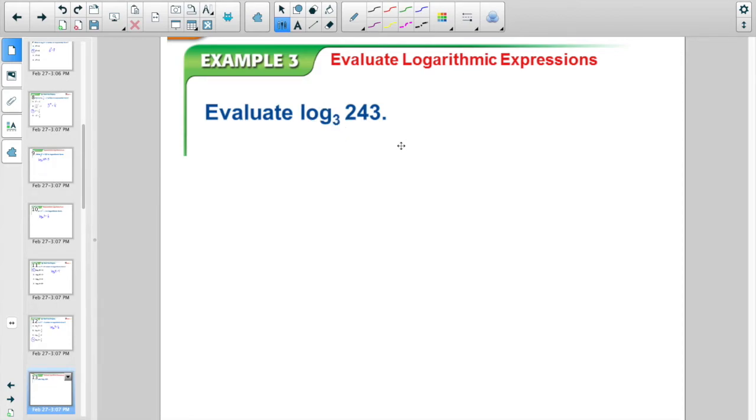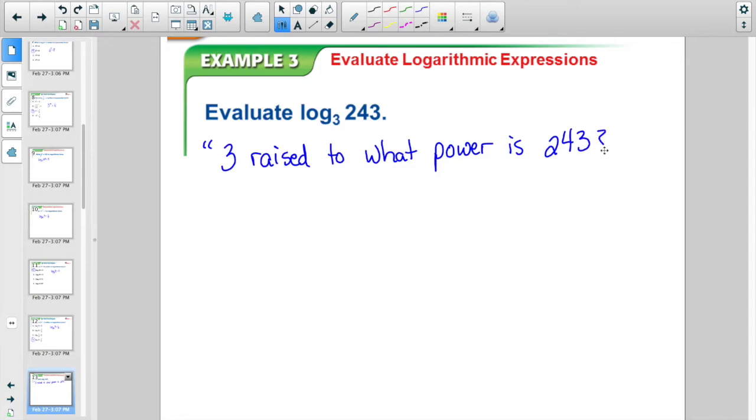I'm going to write down a question, because when you read this, we don't think in logs, because that's unfamiliar to us. We're more likely to think in exponential functions. So this is the question you're going to ask yourself when you see this: 3 raised to what power is 243?